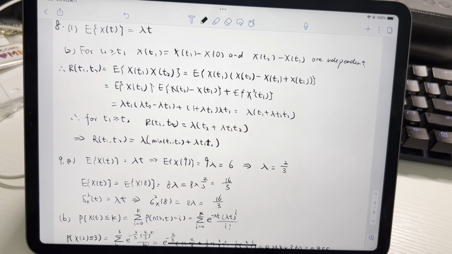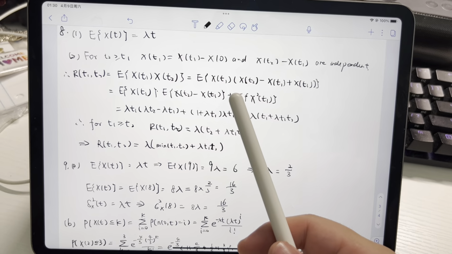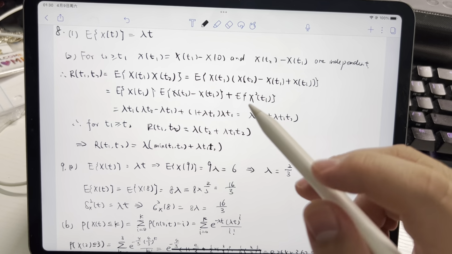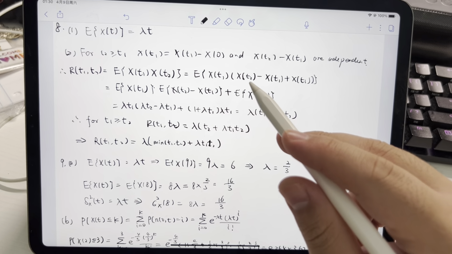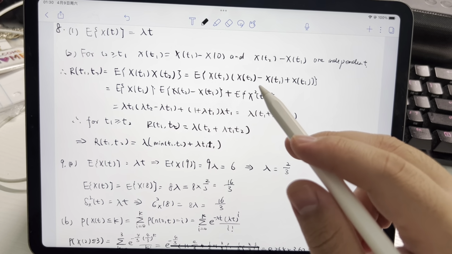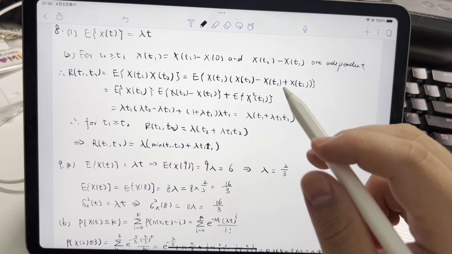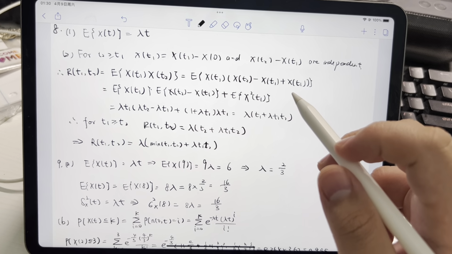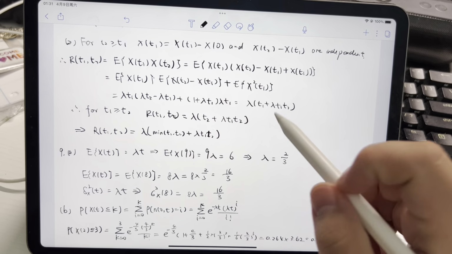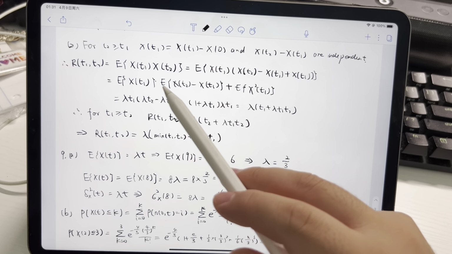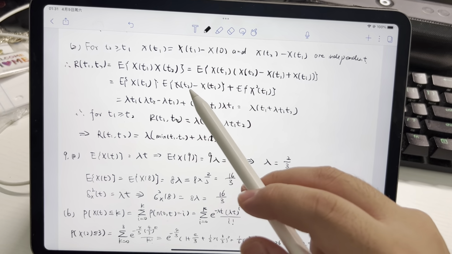Then we use a trick to simplify this: subtract Xt1 from Xt2 and then add Xt1. It does not influence the result. Then we get this equation.